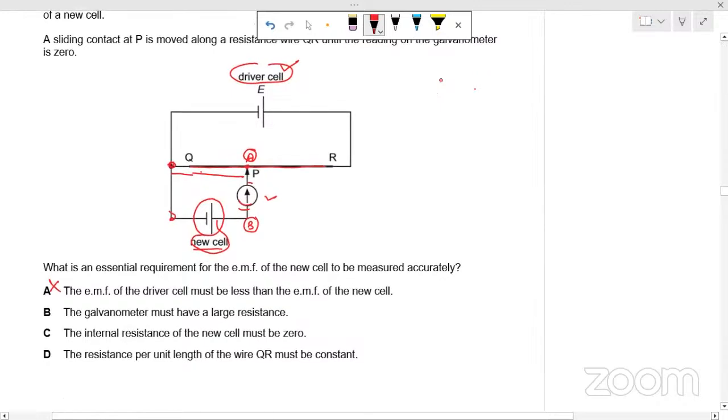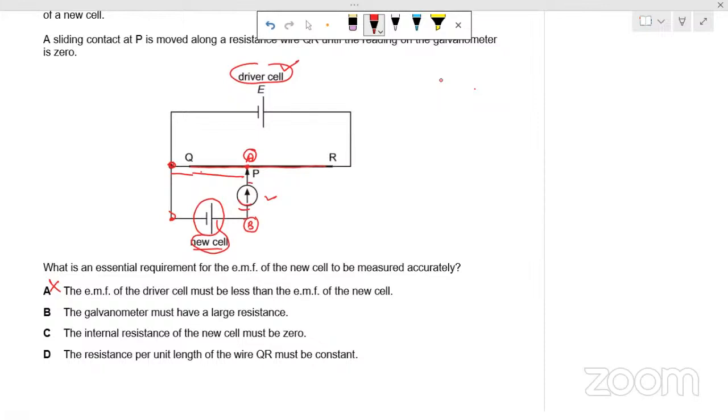Under zero deflection, the voltage across this and this will be same, and the resistance of this galvanometer will not matter. So we are using this galvanometer for zero deflection point. Okay.